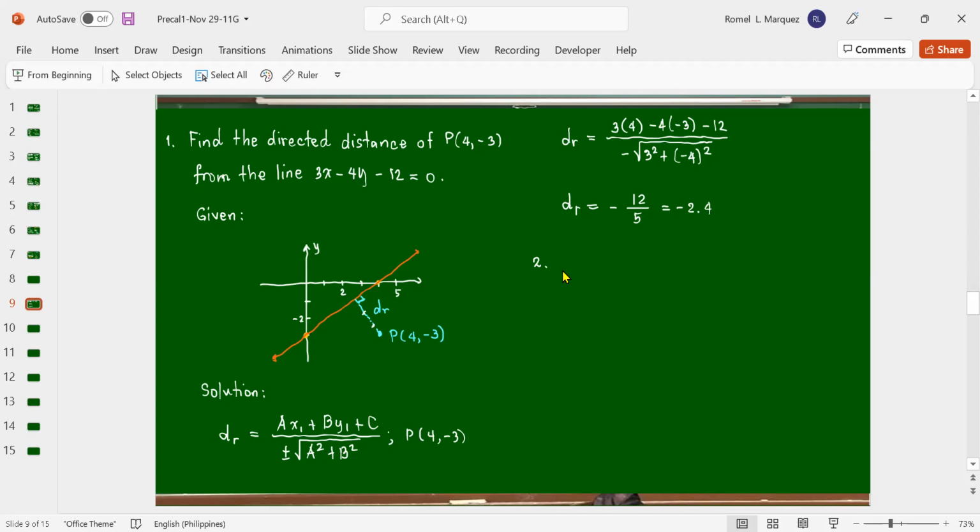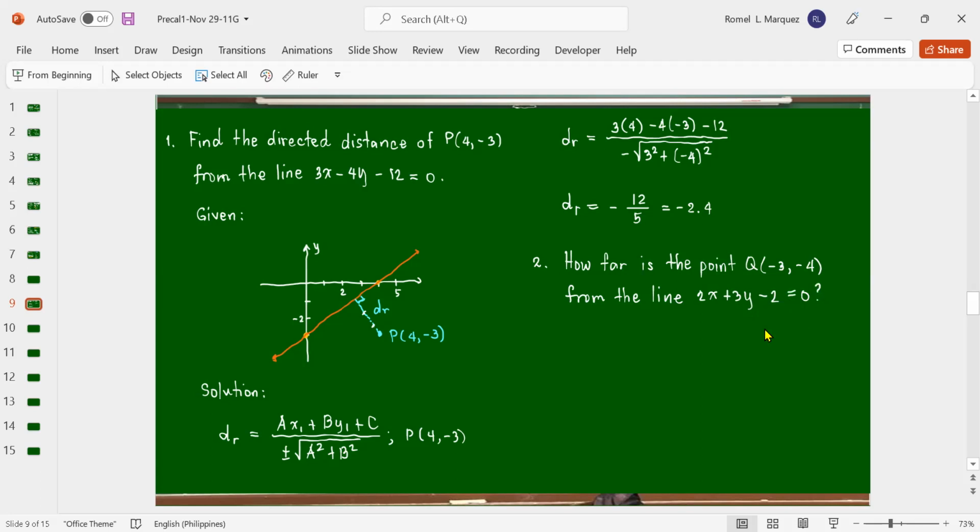Guys, what about this? How far is the point Q(-3, -4) from the line 2x plus 3y minus 2 is equal to 0?